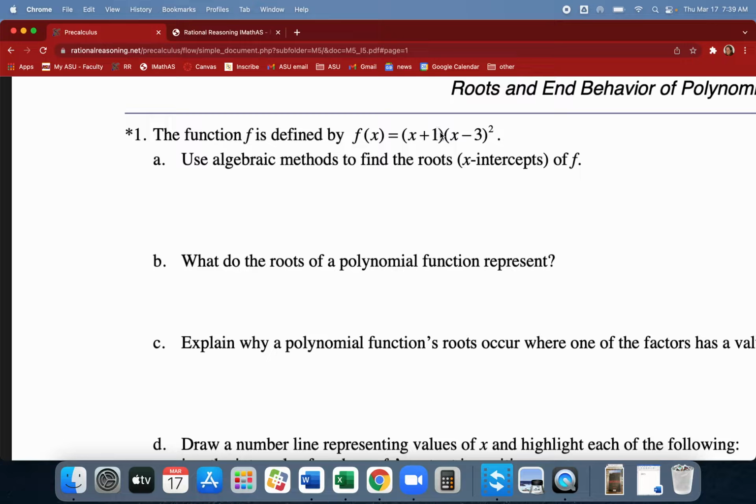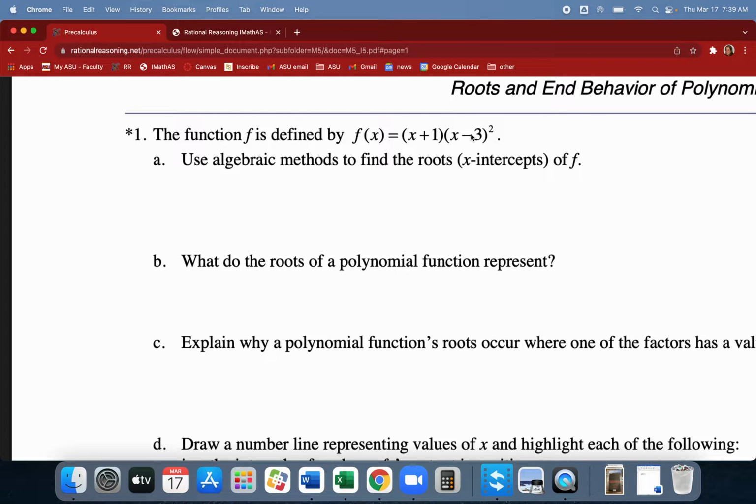If this x plus 1 factor weren't here, if it was just f of x equals x minus 3 squared, you would have had a parabola whose vertex is right there. X minus 3 squared would be a parabola with a vertex at 3, 0. And so this looks like that, right around x equals 3.